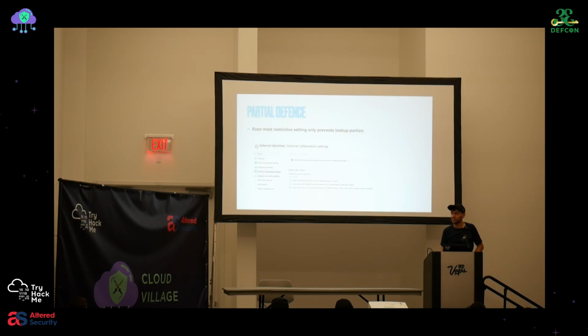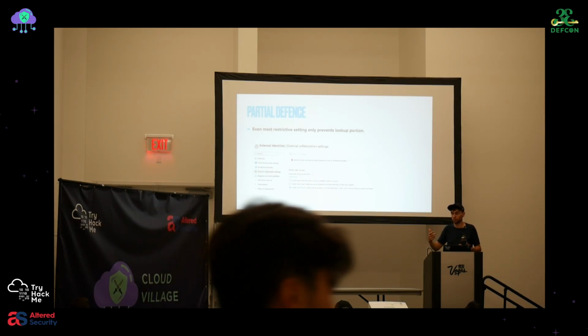The interesting thing is there's only a partial defense to this attack. So even on the most restrictive setting, that only stops the second lookup API call from working. So you're always going to be able to reliably get a principal ID because you always have privileges as subscription owner to look up the role assignments on your subscription.